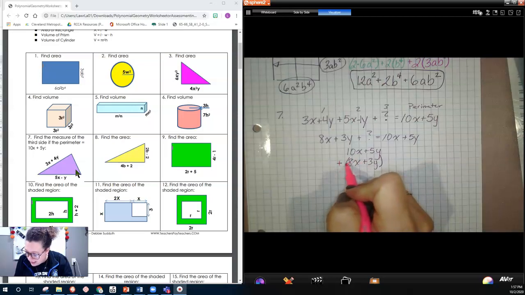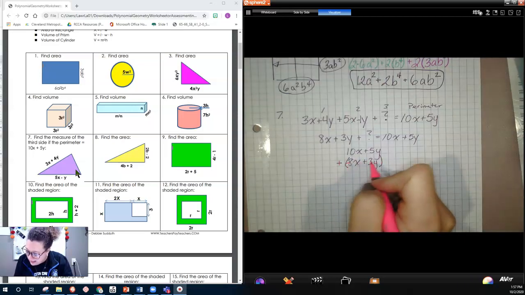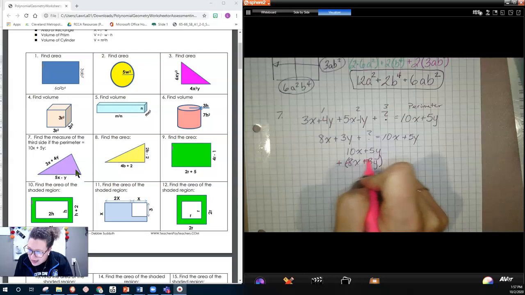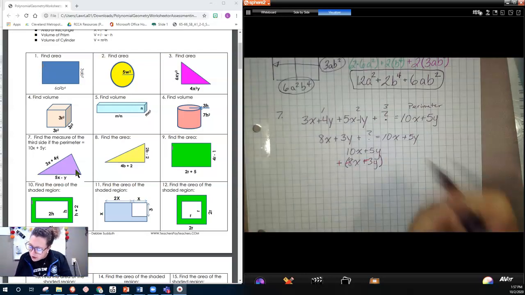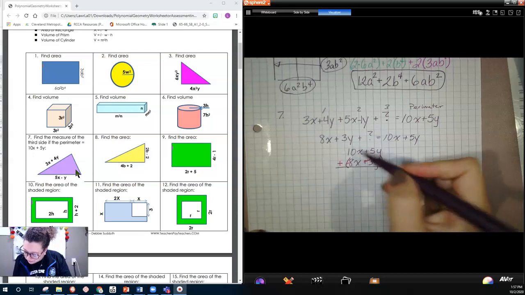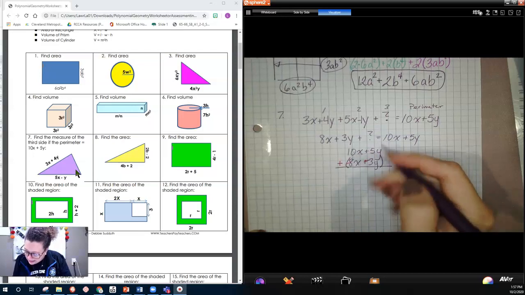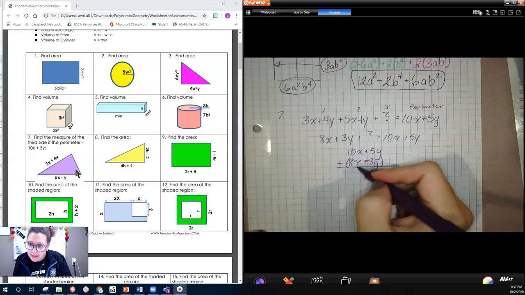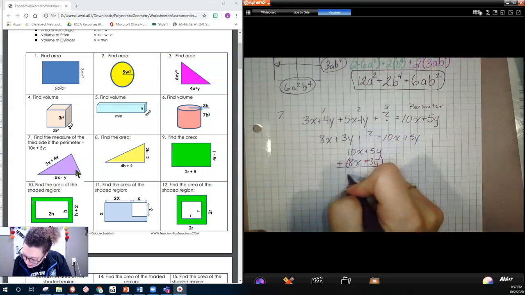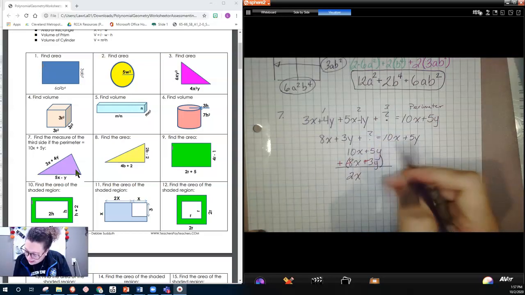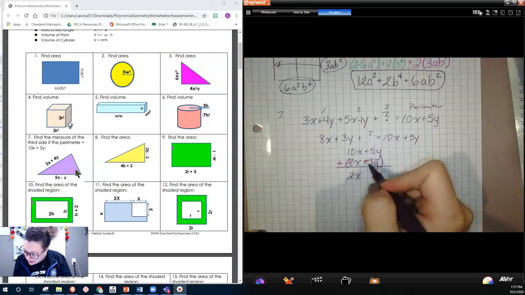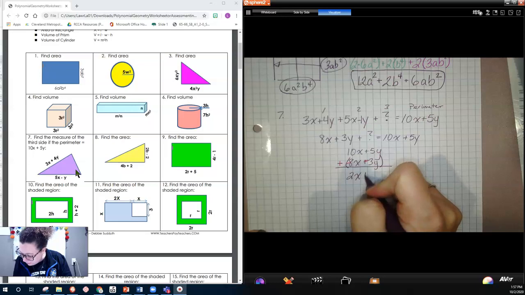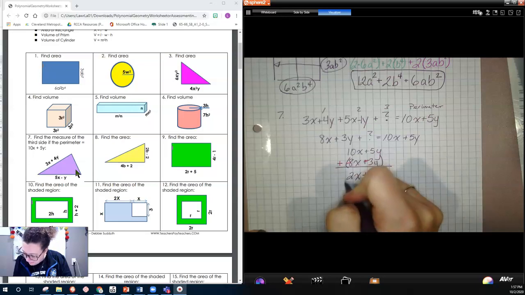So this is going to become negative 8x, and this is going to become a negative 3y. So now 10x minus 8x, or 10x plus negative 8x, if you will, is 2x, and 5 minus 3, or 5 plus negative 3, is a positive 2y.